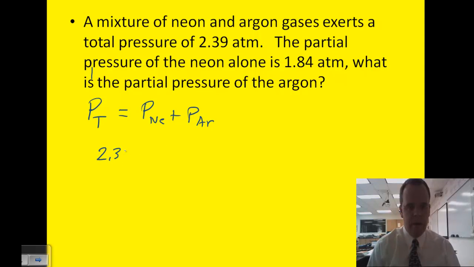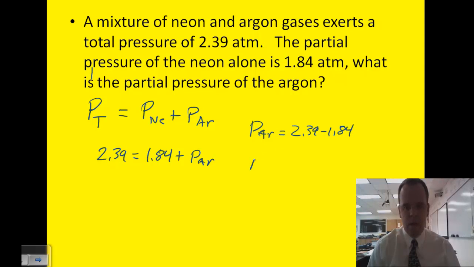So 2.39 equals the pressure of neon, 1.84, plus the pressure of argon. So the pressure of argon will be 2.39 minus 1.84. So the pressure of argon will be 0.55 atmospheres.